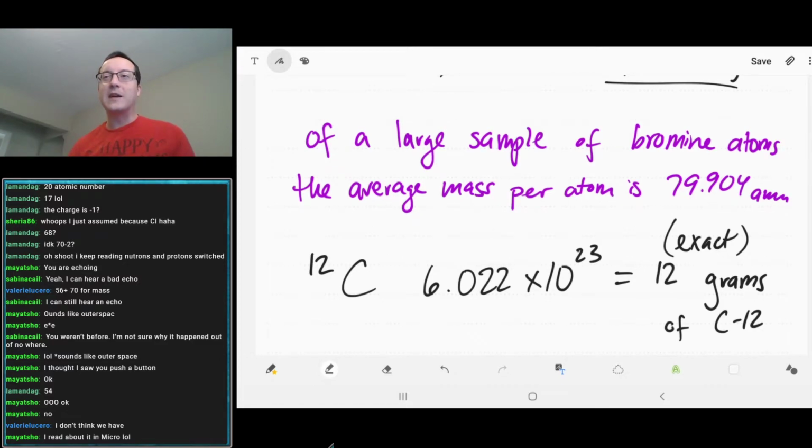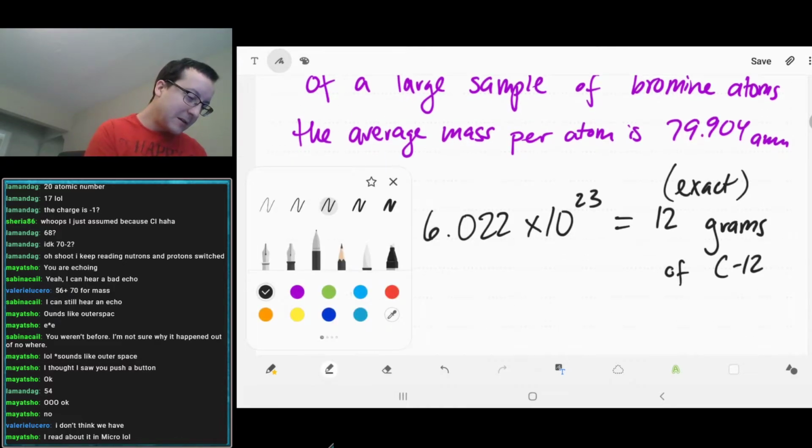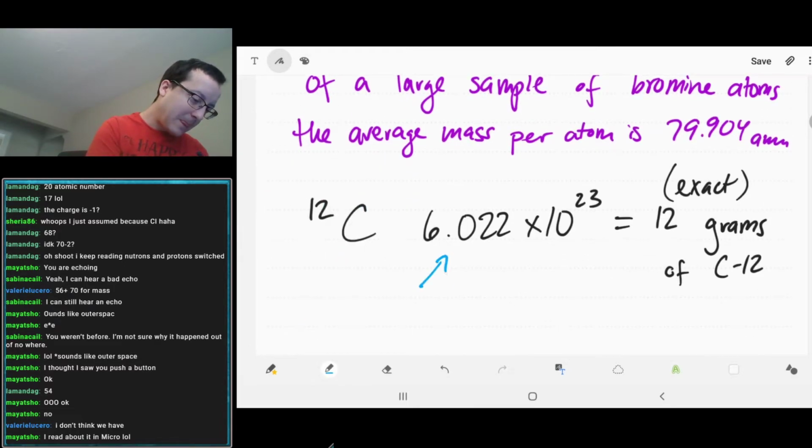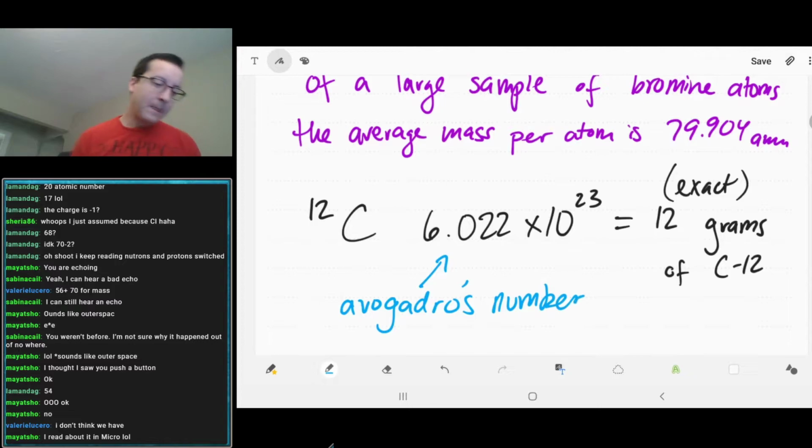So we're going to see that this number, which is called Avogadro's number, is going to be our fancy way of getting in between individual atoms and real-life quantities. Again, 12 grams is something we could use, but nobody is ever going to count out that many carbon atoms.